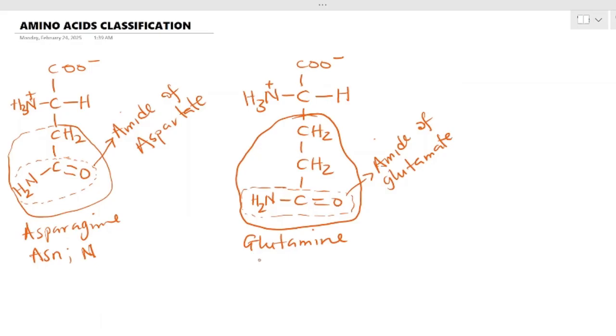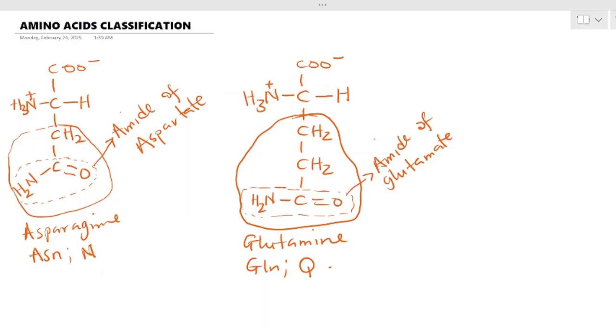And the three-letter word is GLN, and the single letter is Q. Great, so that is all for the classification. So we've successfully classified the 20 common amino acids based on their reactive R group that gives each a specific amino acid.